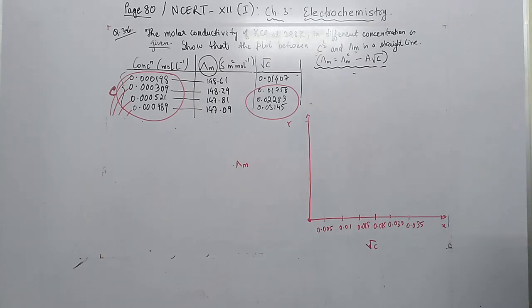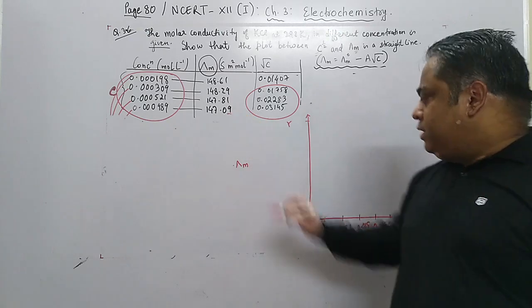On the y-axis, we can take 147. Which one is the smallest one? The smallest one is this one, so we can start from here.